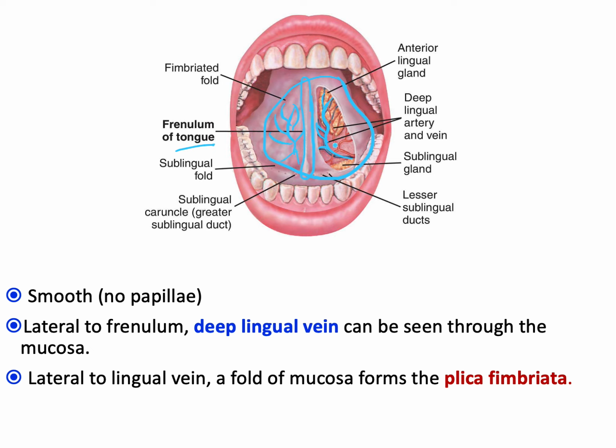And lateral to the lingual vein, guys, you will see again a fold of mucous membrane that is known as the plica fimbriata, or fimbriated fold. You can say fimbriated fold, or you can say plica fimbriata.